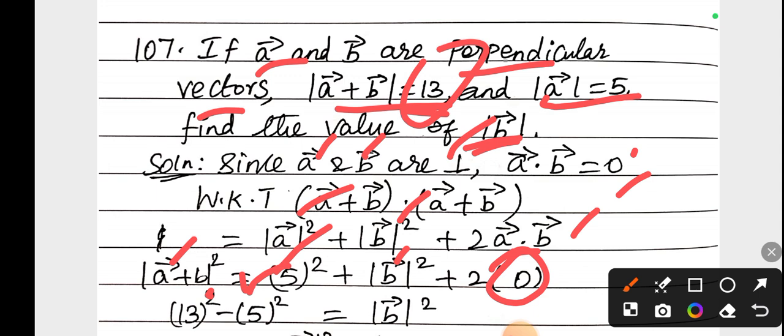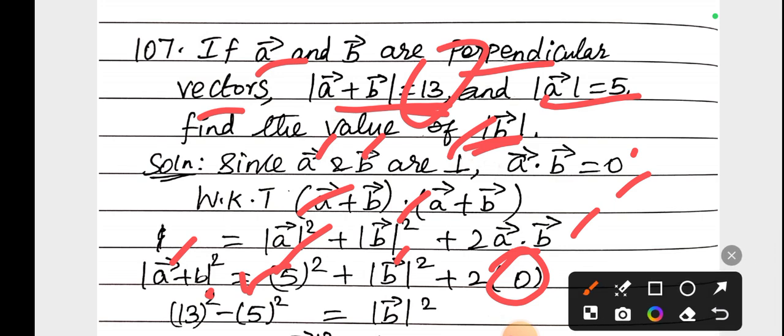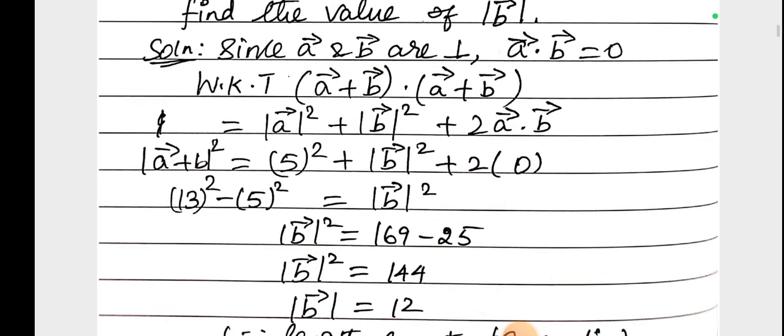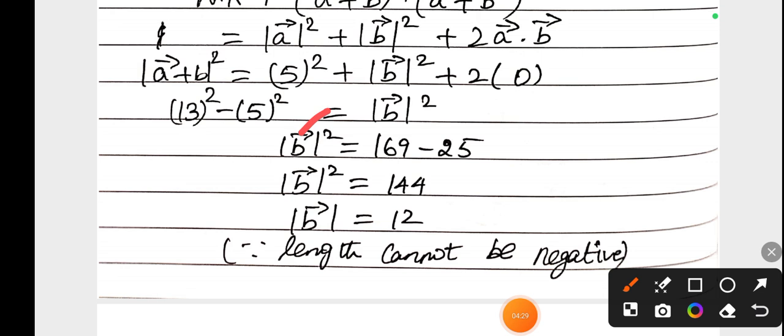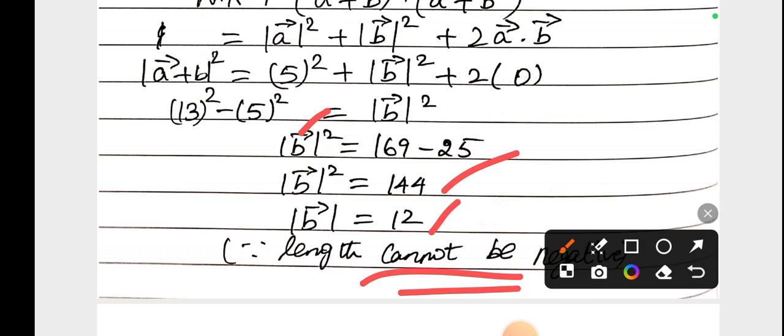Simple. They said two perpendicular vectors, so the dot product is 0. We just use the A plus B whole square formula, then apply all the values. Then we get magnitude of B square equals 144, so the magnitude of B vector equals 12. Plus or minus 12, we don't want, right? Because length is always positive.